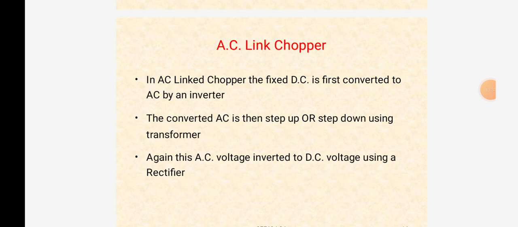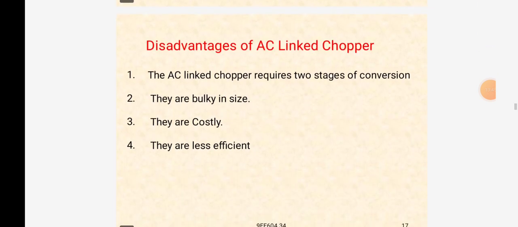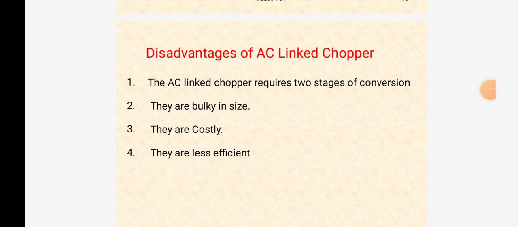Again this AC voltage is inverted to DC voltage using a rectifier. The disadvantages of the AC link chopper are that it requires two stages of conversion, it is bulky in size, it is costly and it is less efficient.